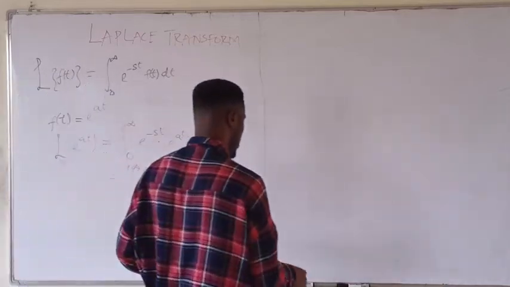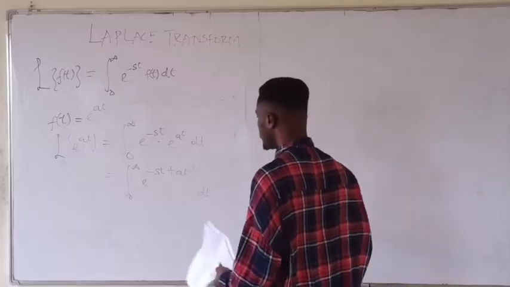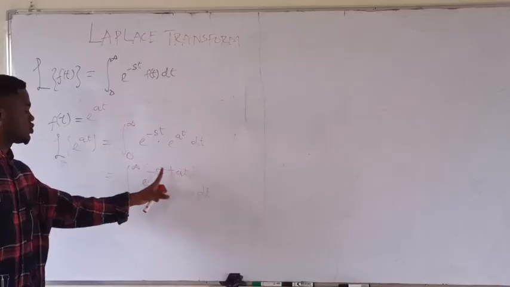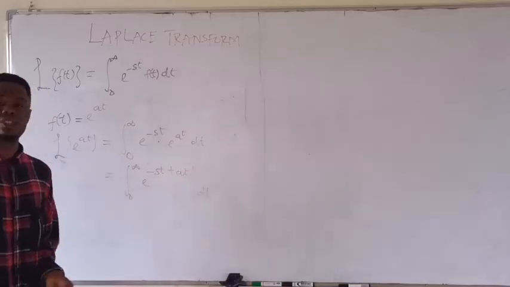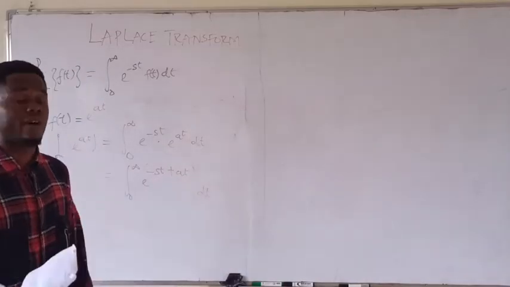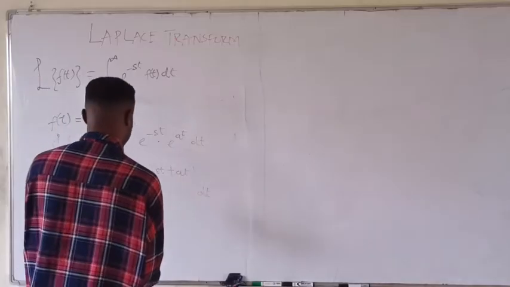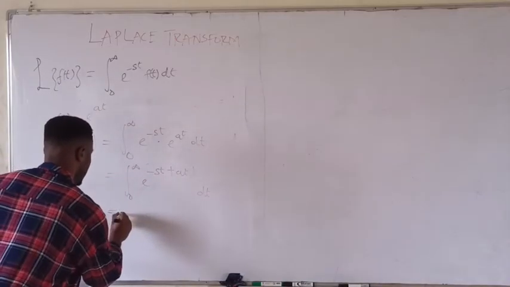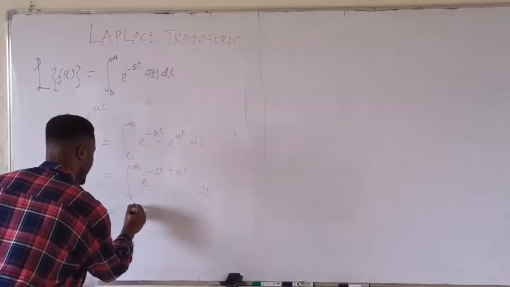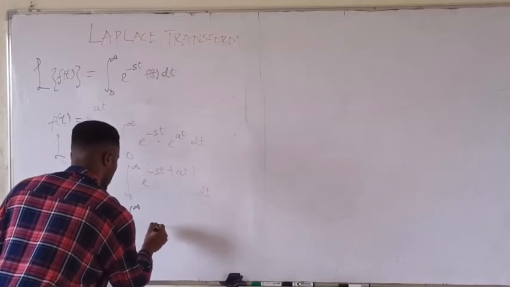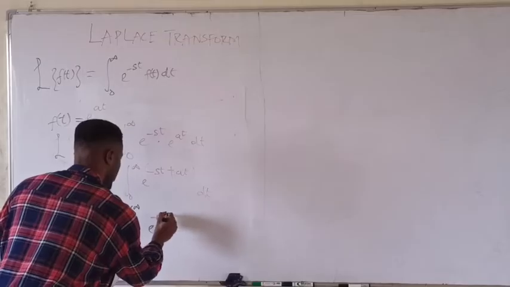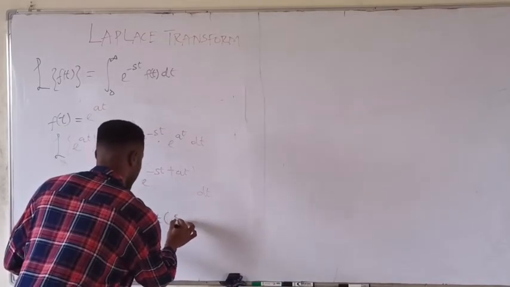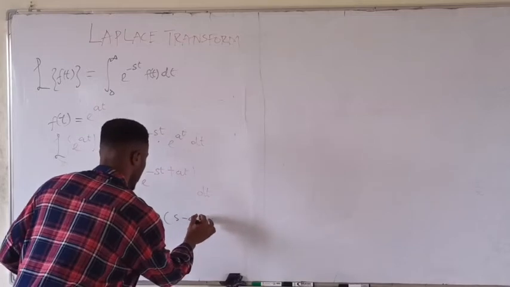Now from here, we can decide to factor out t to simplify our function. Now if you factor out t, you are going to have the integral from 0 to infinity of exponential of minus t into s minus a.